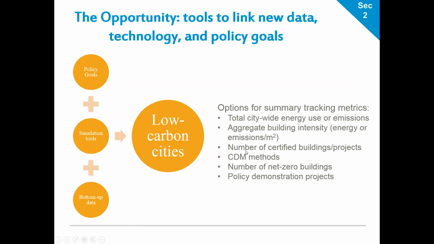Number of certified buildings or projects, and so there's various certification schemes globally that many of you are familiar with, and we'll talk about more. Clean development methods, and some areas are increasingly interested in talking about net zero buildings and different ways of defining those and tracking the number of those. And then just policy demonstration projects overall, and so we can talk about that as well.